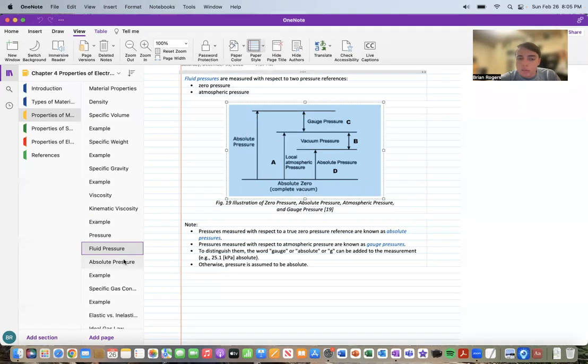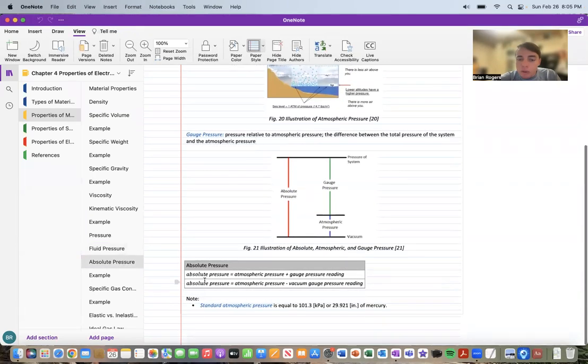It's the difference between the two. That's why in the equation, when they talk about absolute pressure, it's the total system pressure, so it includes the atmospheric and the gauge pressure. But another way you can solve it is to take the atmospheric minus the vacuum gauge pressure reading, but we won't get into that one.